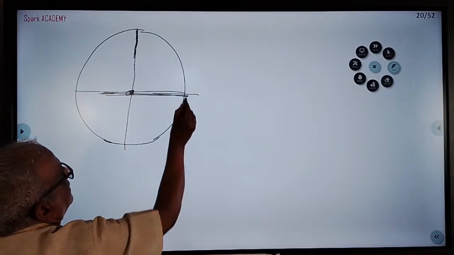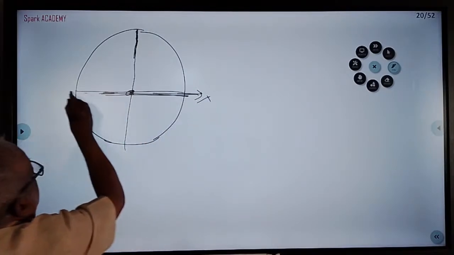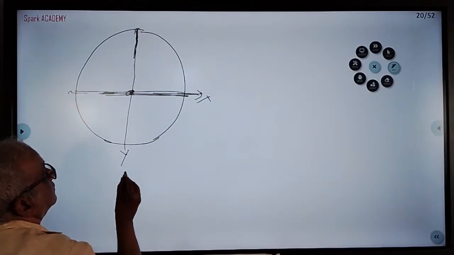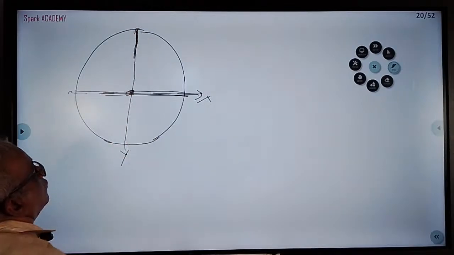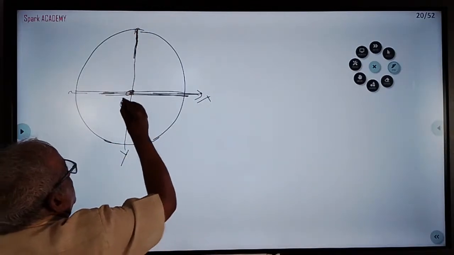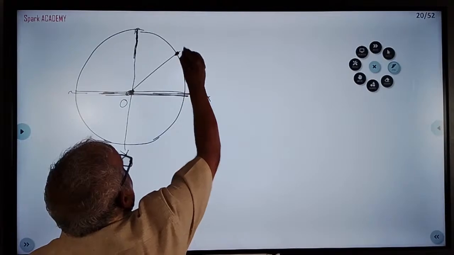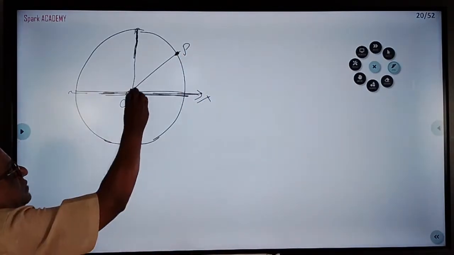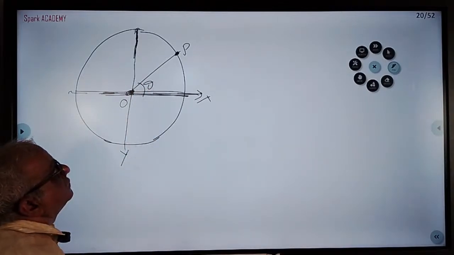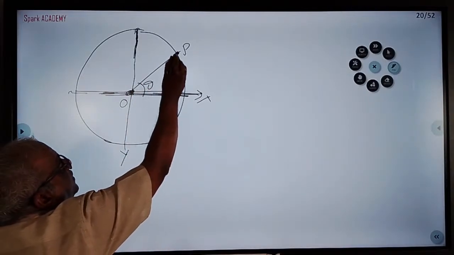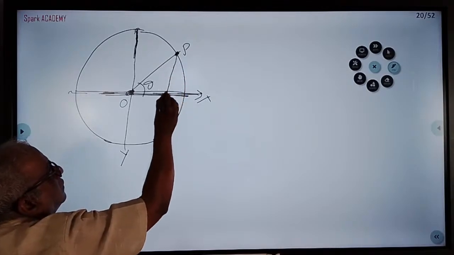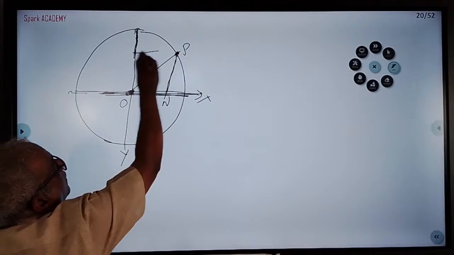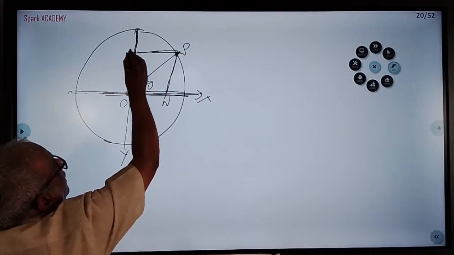Take the particle somewhere here. It is making rotatory motion and describes an angle theta, let us say. Projection means you are dropping a perpendicular: dropping a perpendicular here.